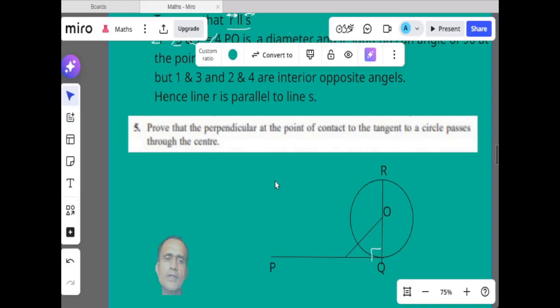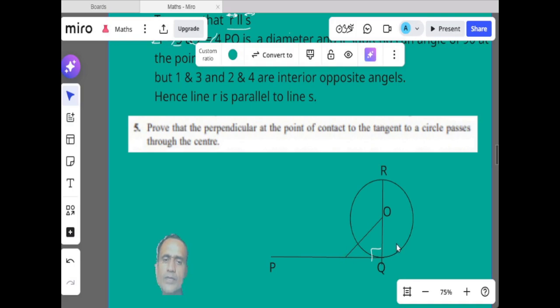In the chapter on circles, one of the theorems is that if there is a tangent to a circle, then the line drawn from the center to the point of contact is perpendicular to the tangent.